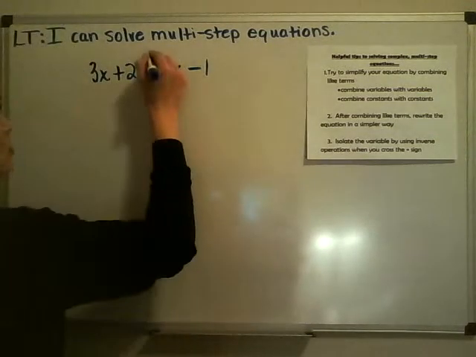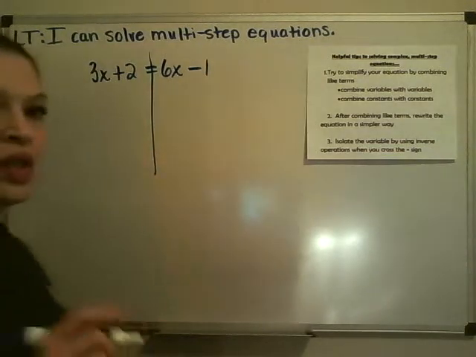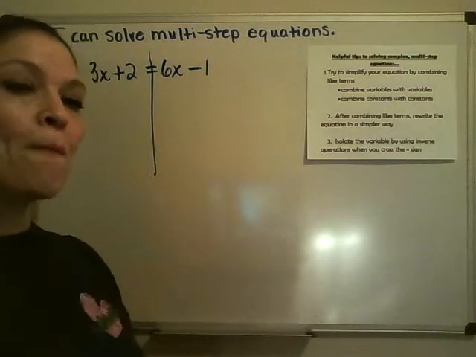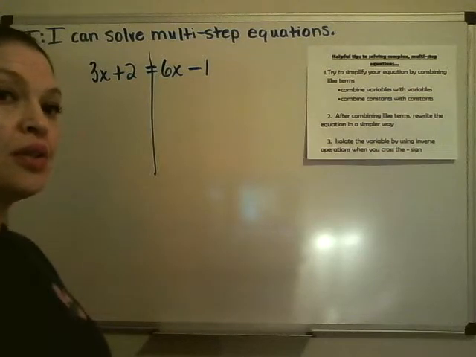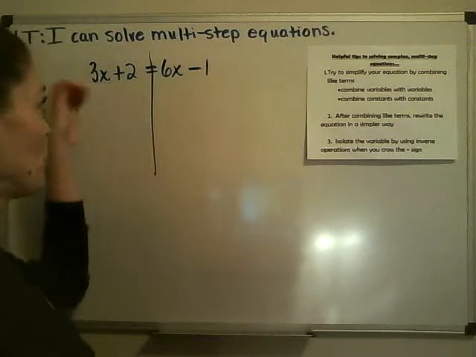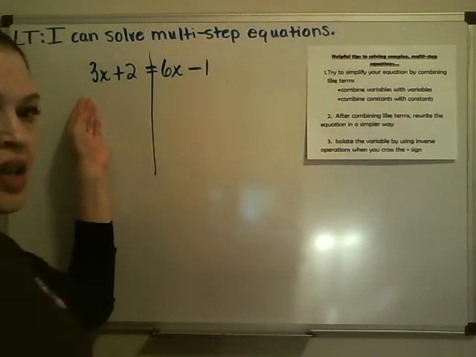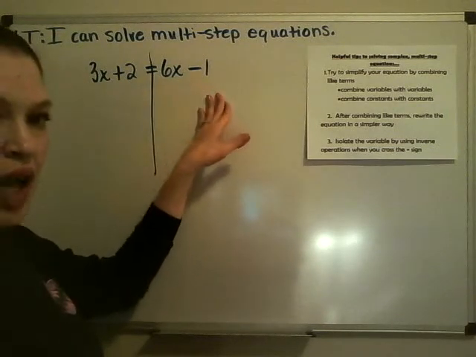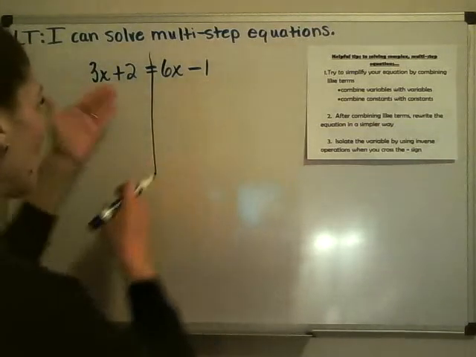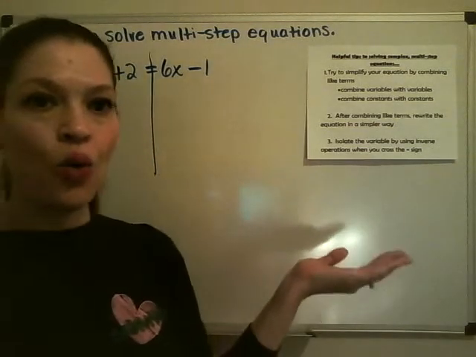Okay. This one's a little different than the 2 prior ones that we had, because on the previous ones, we had the x's on both sides, and then we had the constants on another side. Now we have an x and an x and a constant, and oh my God, what do I do?